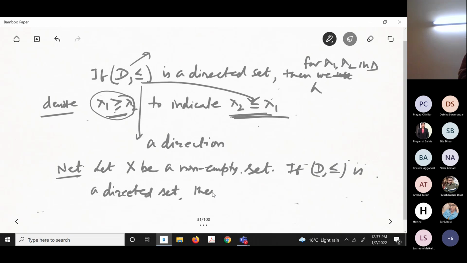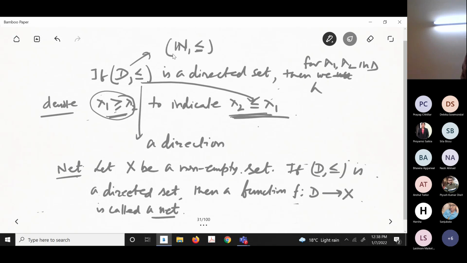Then a function f from D to X is called a net. Here I have replaced the naturals, which with the usual order of the real line, less than or equal, is a directed set, with D. This is called a net.